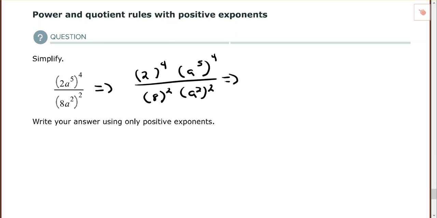So in the numerator, we have 2 to the fourth, which is 16. A to the fifth raised to the fourth, which is a to the 20th. 8 squared in my denominator, 8 times 8. And then a squared raised to the second, multiply the exponents, a to the fourth.